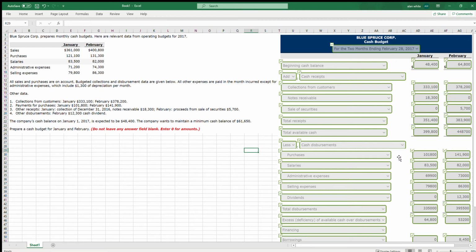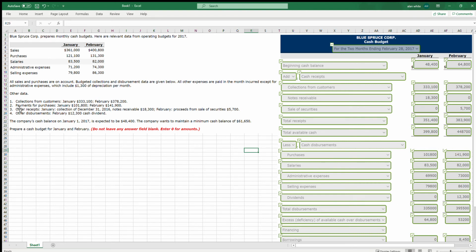So the first thing to note is our purchases. Purchases is listed in our operating budgets for 2017 in our problem. It's listed here on the second line under January for $121,100. Oh, excuse me, I read the wrong line. So it's actually payments for purchases, not our operating budgets.